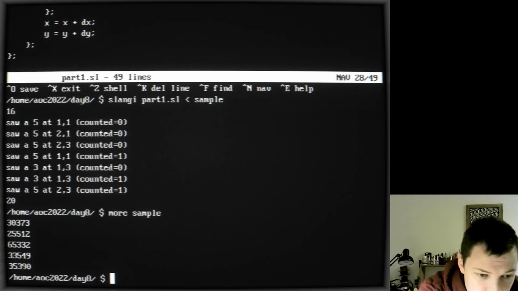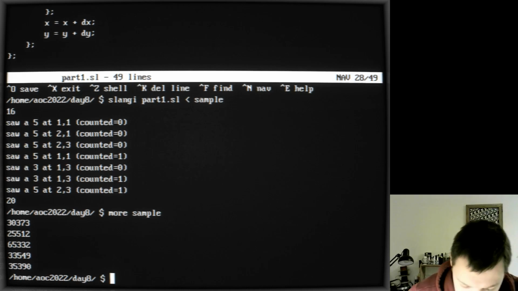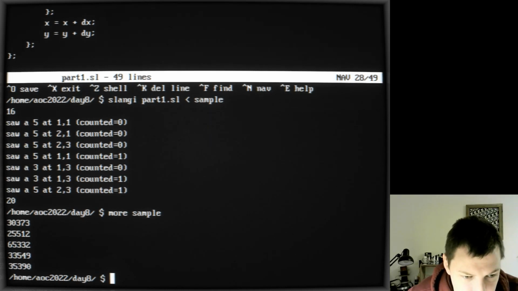So 1, 1, 2, 1, 2, 3. 1, 2 should be there as well, because that's visible from the right hand side.